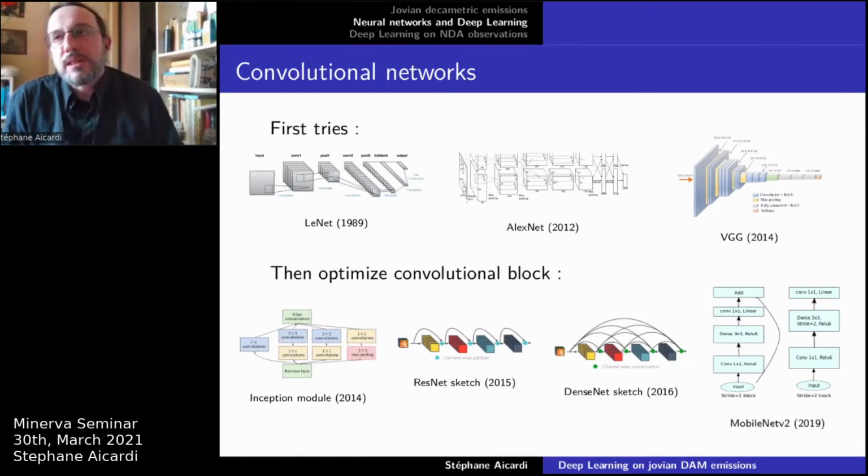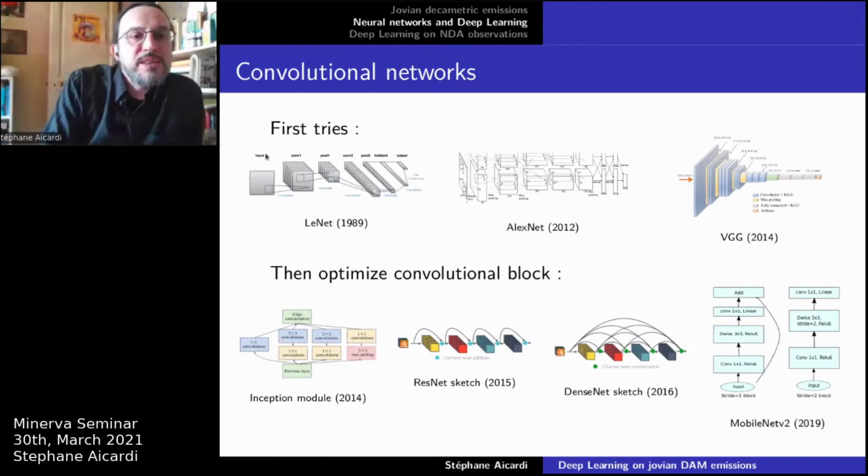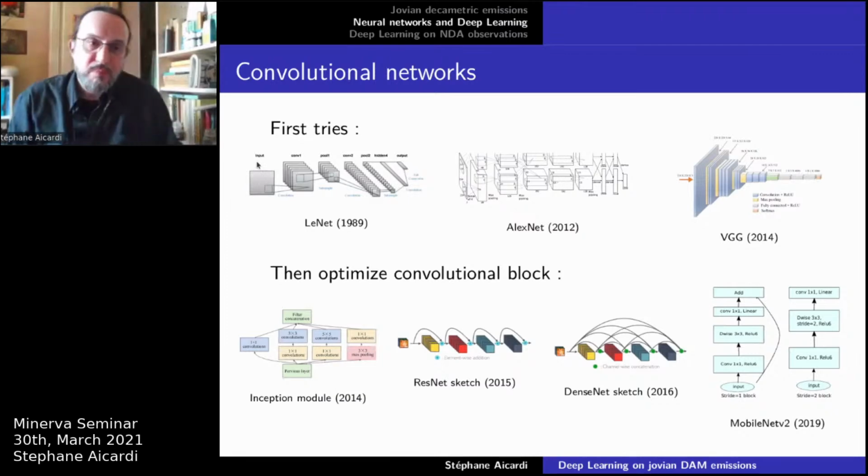In fact, he wanted to read the numbers on checks, which were handwritten, and he managed to recognize them with a very small convolutional network, because the input was only 28 by 28. It was okay for its purpose, but it couldn't really be generalized to bigger data, because the computers of this time couldn't handle this kind of computation.